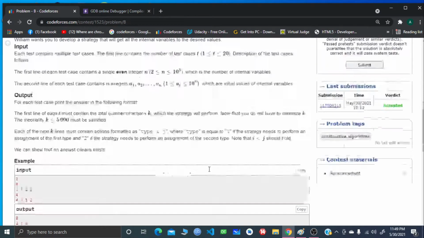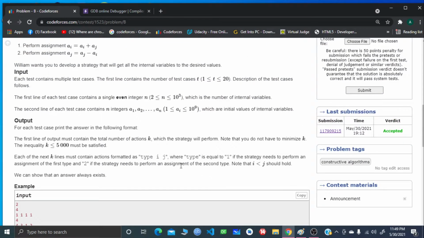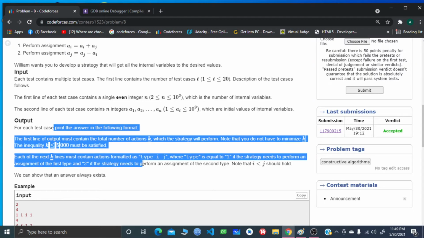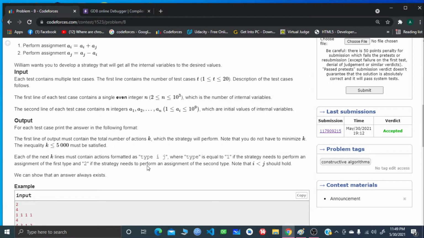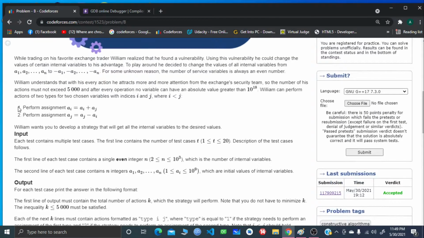What we're only going to be working on is the positions, because what we have to output is the number of operations: how many operations did you do, and what are those operations? If you had implemented type 1 operations, you would say that you implemented type 1 operations on the array by taking indices i and j.